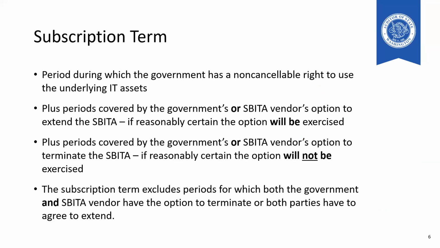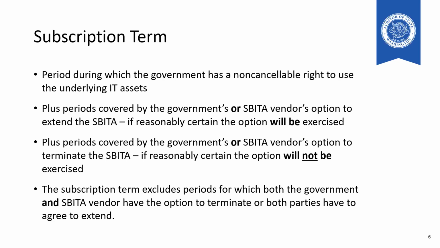One important aspect of the SBITA contract is the subscription term. And the subscription term is basically how long is the software contract. So here are a few specific rules for calculating the SBITA term. First, the subscription term will always include the period that you have a non-cancelable right to use the software. That's called the non-cancelable period.